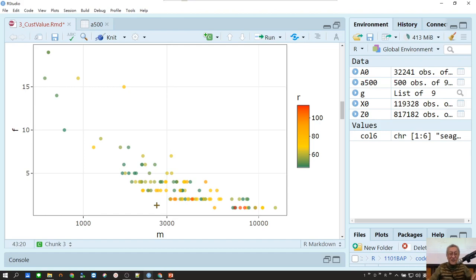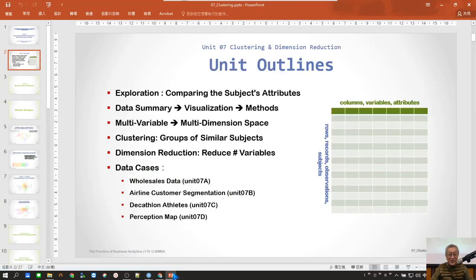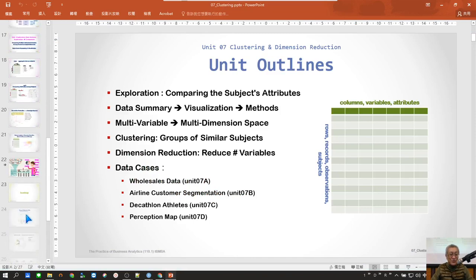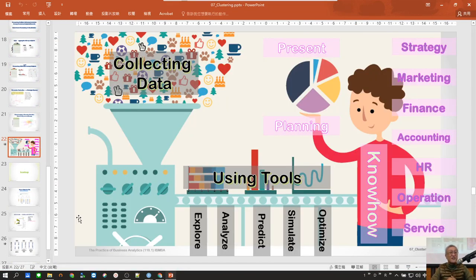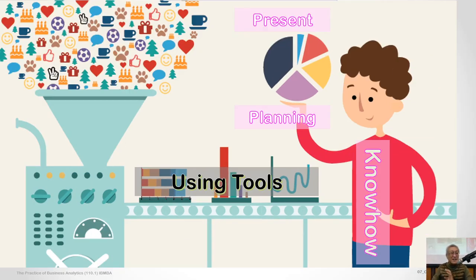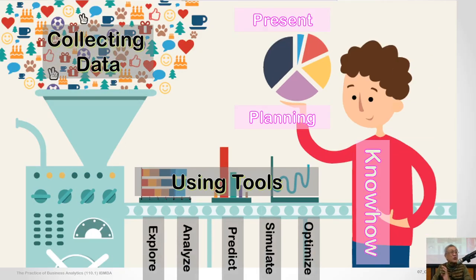So in this idea, I would like to emphasize this slide again. This is a slide that I showed you at the very beginning of the class. I told you that in the R environment, after you collect the data, you will put the data into a data processing pipeline, a data assembly line.